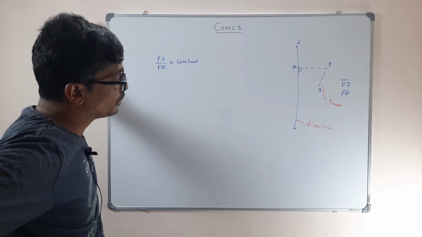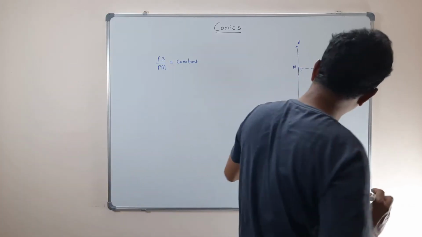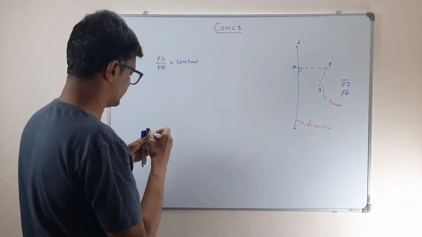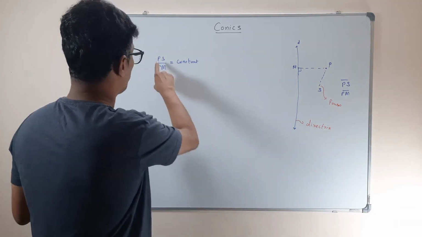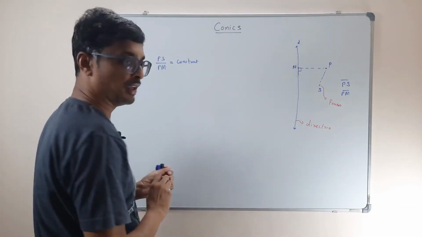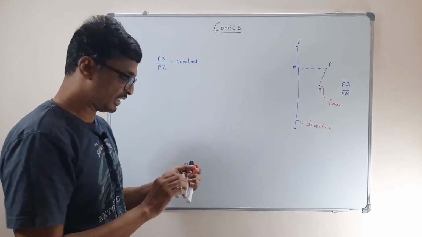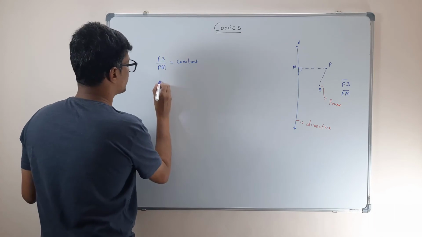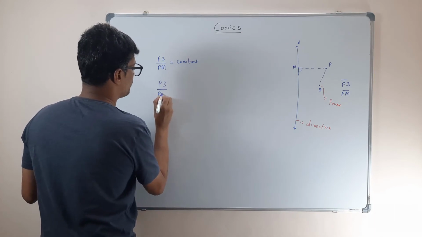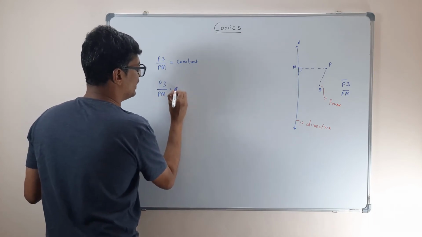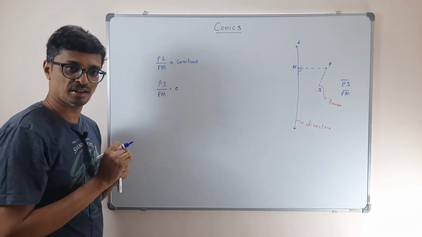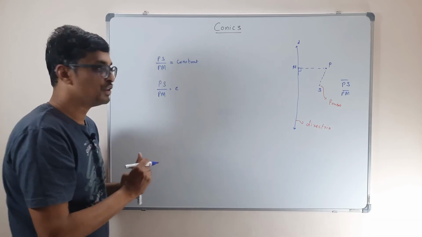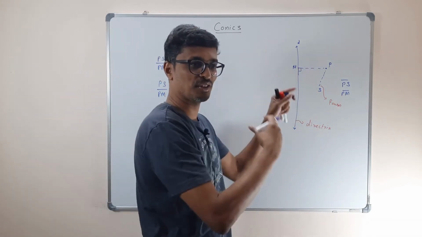Okay. Fine. So then we will find out the equations. What the conic says is, your PS by PM has to be a constant. So let us call that constant E, where E is a constant number. Depending upon what the value of E is, you will get different forms of conics.